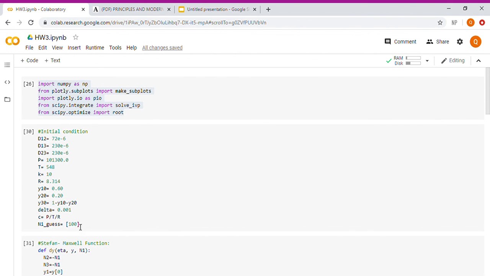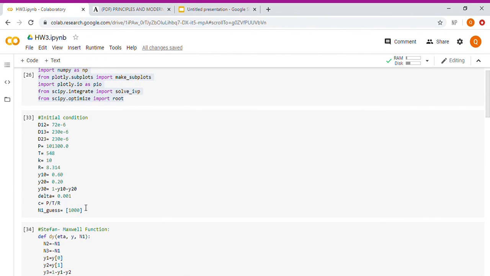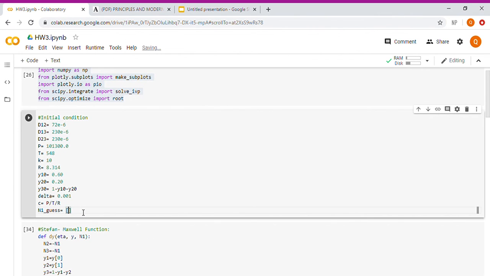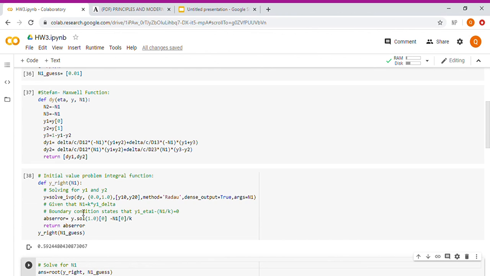Or if I chose 1,000, it would be -101, which is not reasonable at all. So it is very important to make sure that the value of N1 guess is close enough so that we can have the most realistic value to start with.